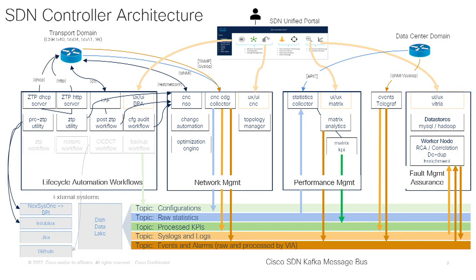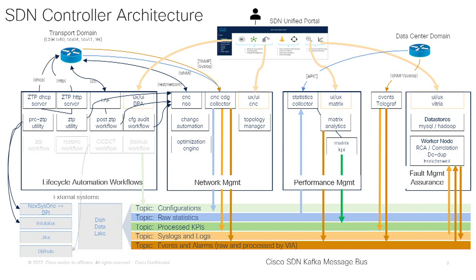So the Kafka message bus here plays an integration point and makes data available, and also integrated performance management, which is a metrics part of the CX solution, and the Viatra for fault management consume the data. So that is the integration point.